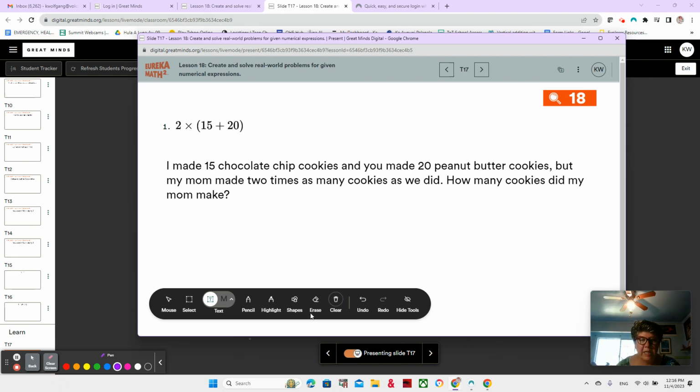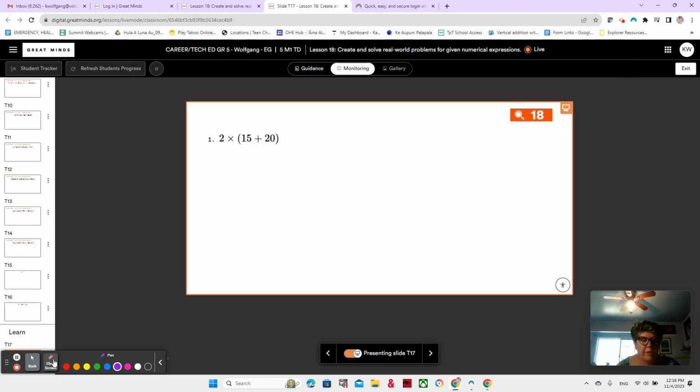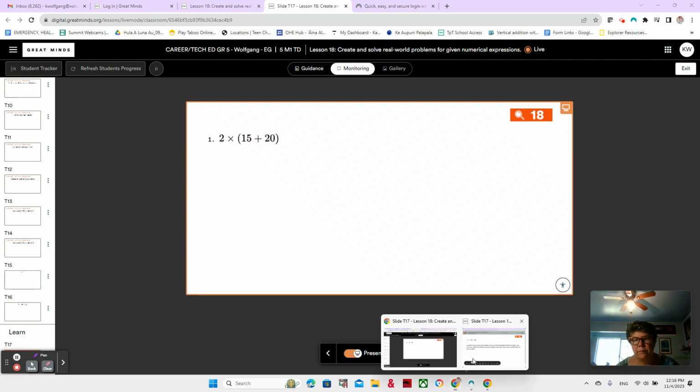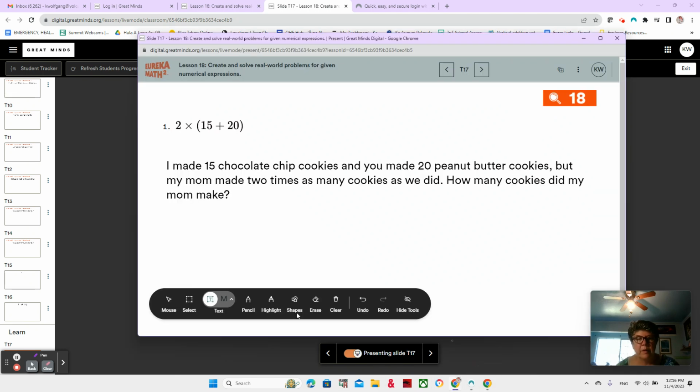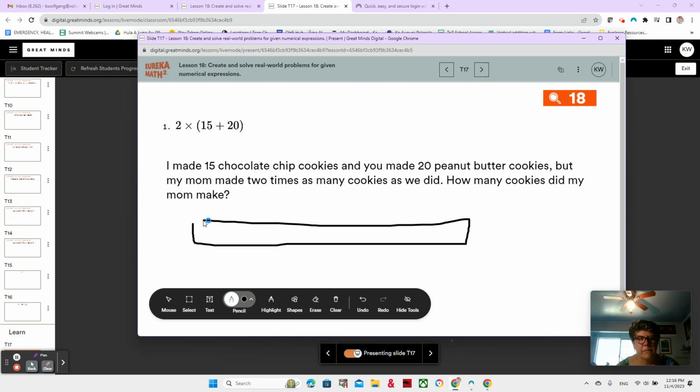Okay, and if we wanted to draw a tape diagram to go with that, let me see if I can draw a tape diagram. Okay, 15 plus 20. So when we're adding 2 numbers together on our tape diagram, we're going to put them right next to each other.